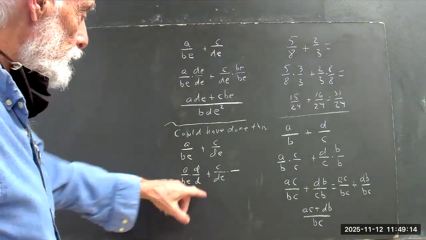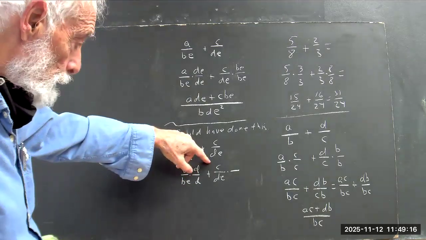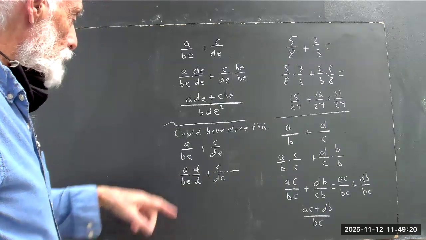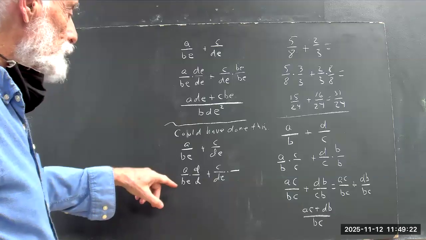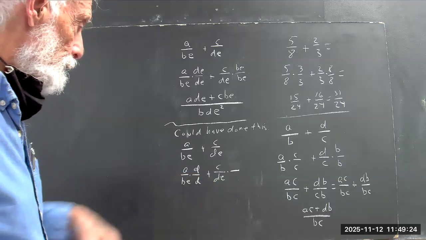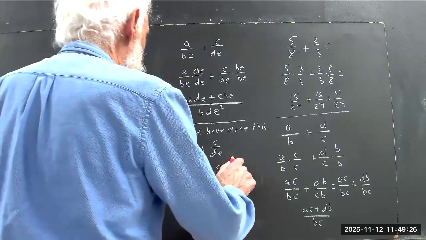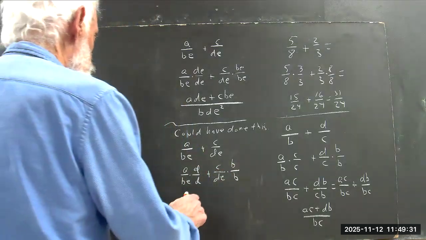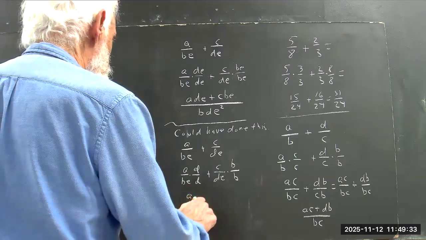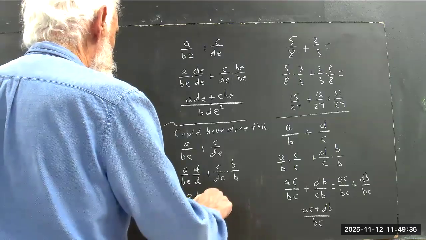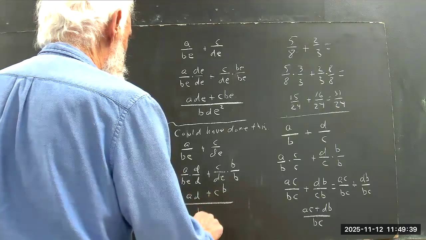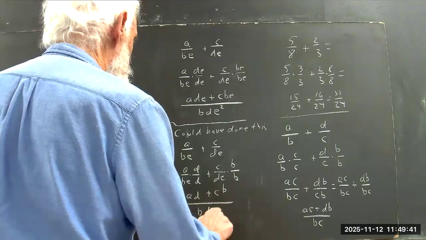We get BED. Over here, we got DE in the denominator. The first denominator has a B that the second one doesn't. So we're going to have to multiply by B over B. And that gives us AD plus CB over BDE.